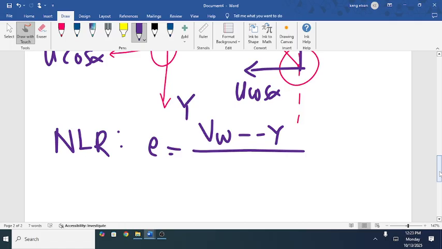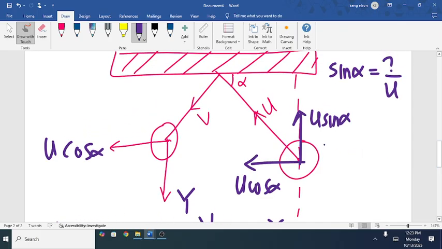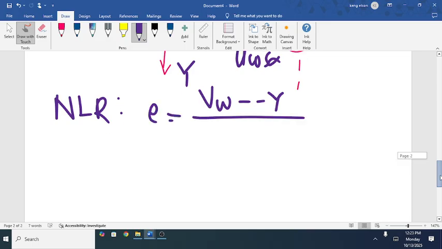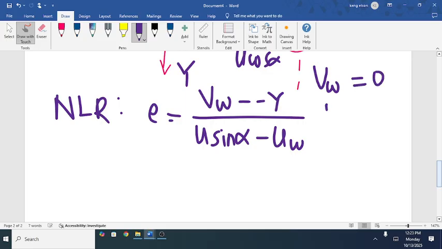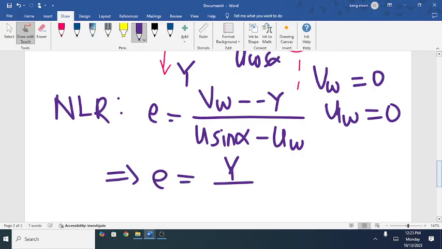Since I started with v wall in the numerator, I will start with that of the sphere, and you see that along the line of centers the initial velocity of the sphere is u sine alpha, because that's why it's along the line of centers. So you have u sine alpha minus u wall. But we know that v wall is equal to 0 and u wall is also equal to 0. So it therefore means that e is equal to capital Y divided by u sine alpha.